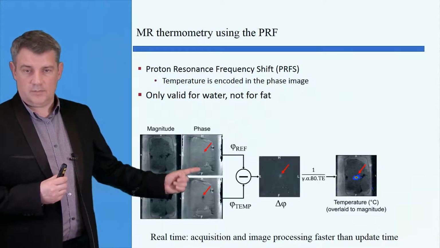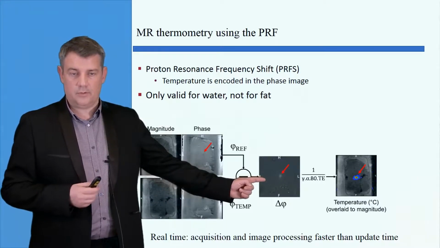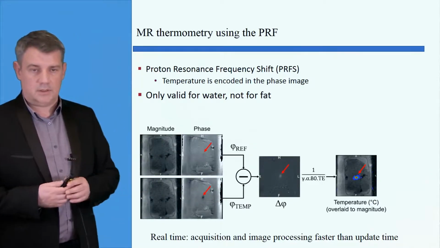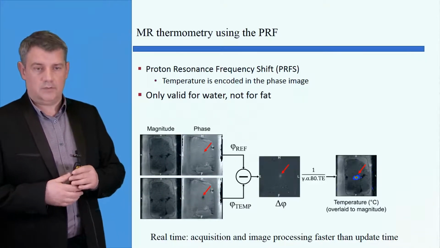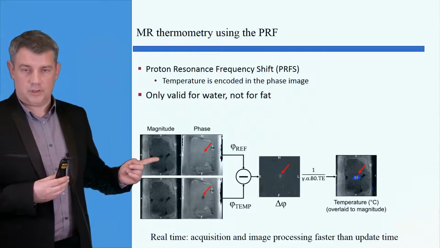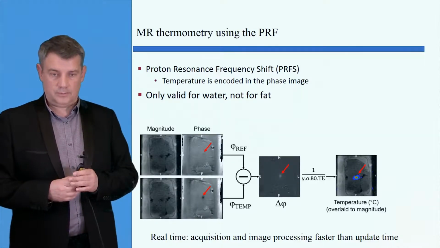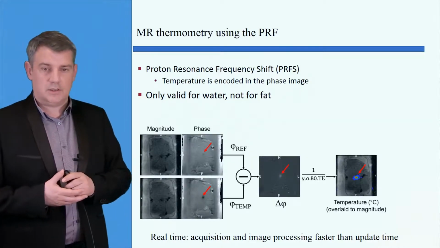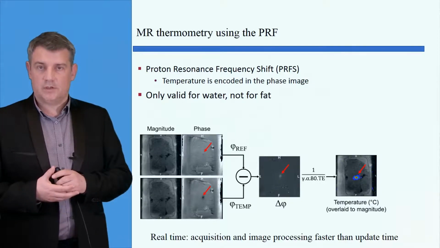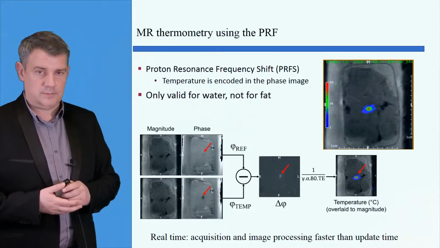By subtracting these two images, you can retrieve a map of the variation of the phase, and then, multiplying by a constant which depends on the echo time, you can retrieve the temperature change, which you can code in color and superimpose on the magnitude image to know where you are heating your sample. The advantage is that you can acquire this quite fast, and you need to process this in real time to provide information to the physician while you are doing the treatment.